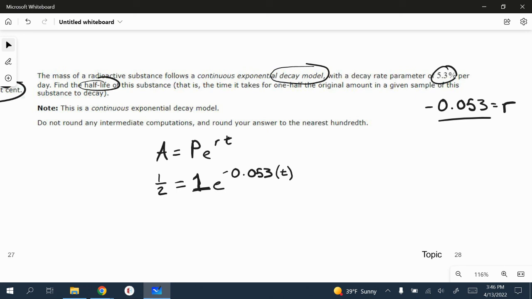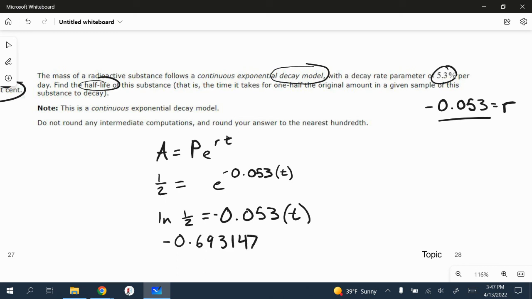And now we're going to solve. So the 1 here is not necessary, I might just erase it. So now it's just this. And if I'm solving this, this is going to be a natural logarithm since our base will be e. So I'll go ln, so that's log base e of 1/2 equals negative 0.053 times t. Well, the natural logarithm of 1/2 is negative 0.6931447, something like that.